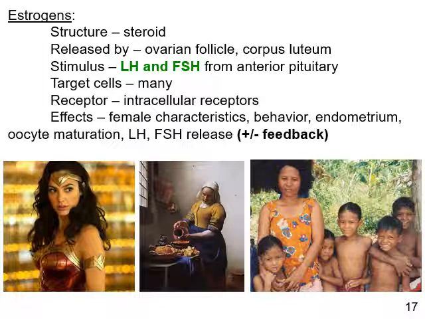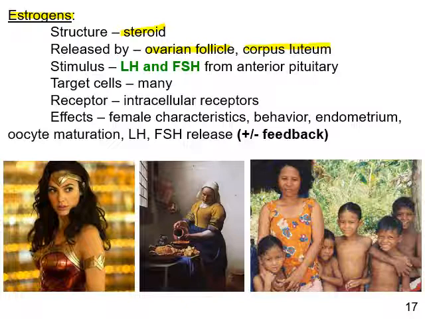Let's continue and talk about the hormones specifically. So estrogens, including estradiol, but other estrogens as well, are steroid hormones that are released by the granulosa cells of the ovarian follicle and the cells of the corpus luteum after ovulation.